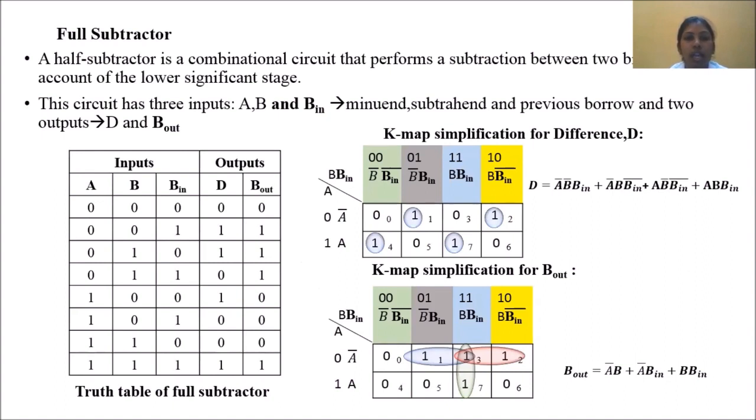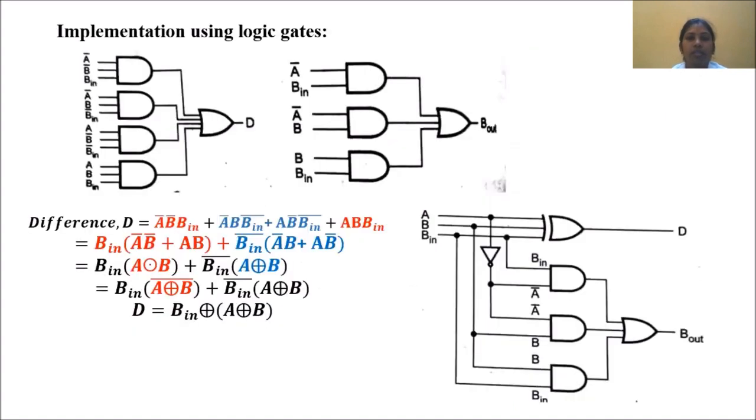So using these elements, we have to do the K-map simplification and arrive at the difference and borrow equations. So using these equations, we can further simplify the difference equation using XOR gate. So using these expressions, we can draw the logic diagram of a full subtractor.